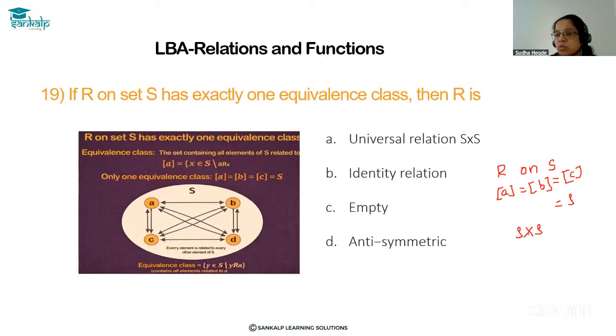That is actually universal relation. So option A, universal relation S cross S is the correct answer. Okay, whenever you have only one equivalence class, then R must be universal relation S cross S. Got it? Thank you.